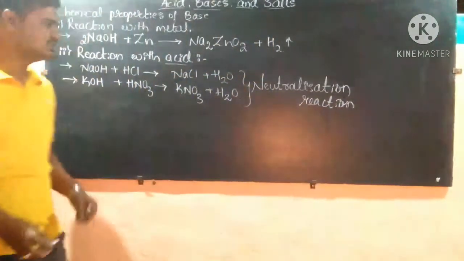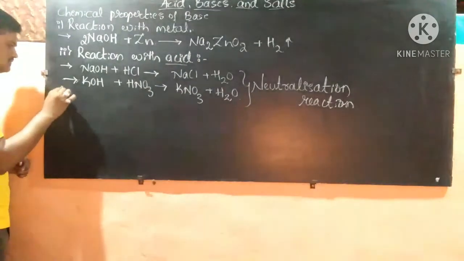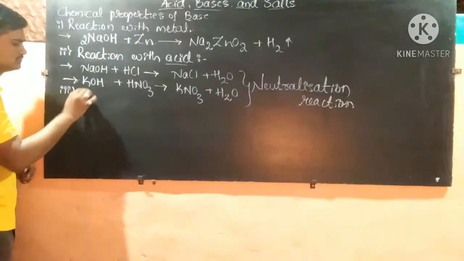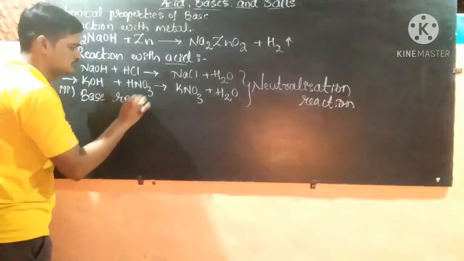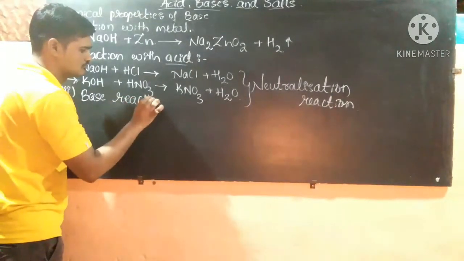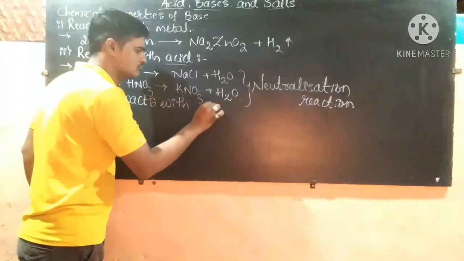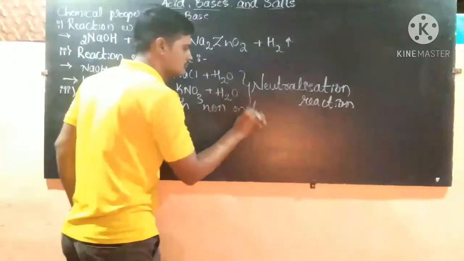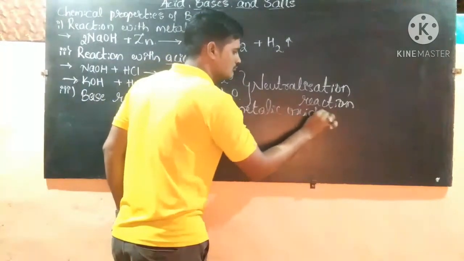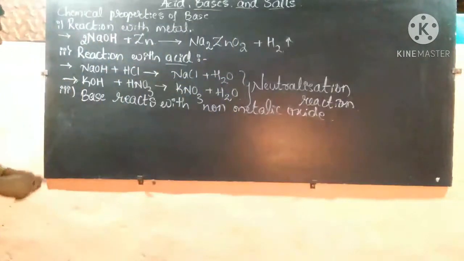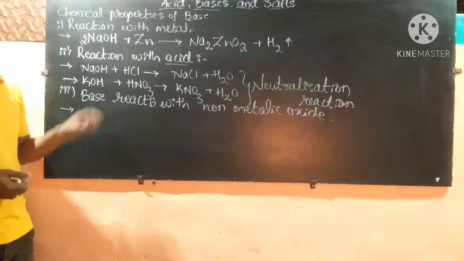And the next one is base reacts with non-metallic oxides. Here, by taking one chemical reaction, we will study this one.